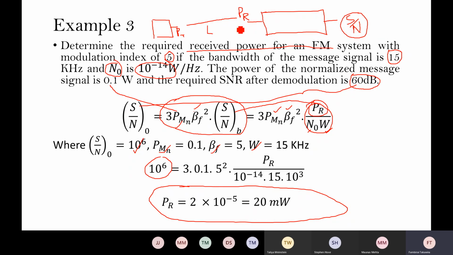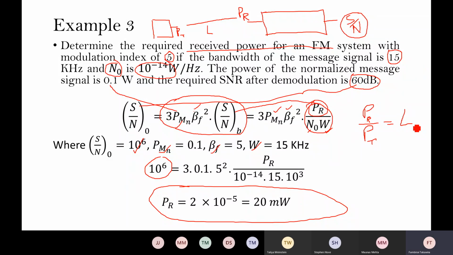You still obtain PR, and then once you know PR, you can use the fact that PR divided by PT is equal to L. Now, if L is given in dBs, you obviously would have to convert your L to a power ratio.